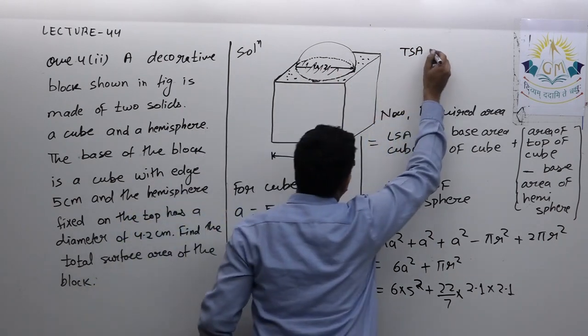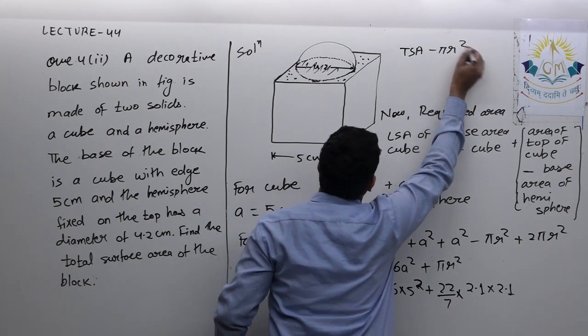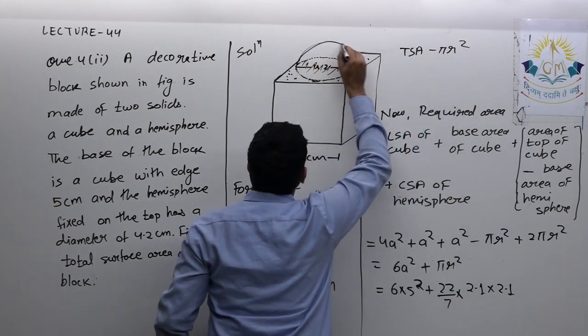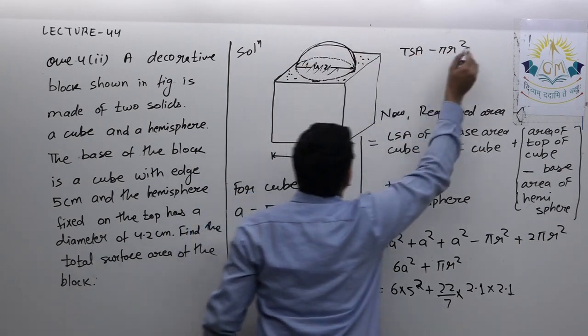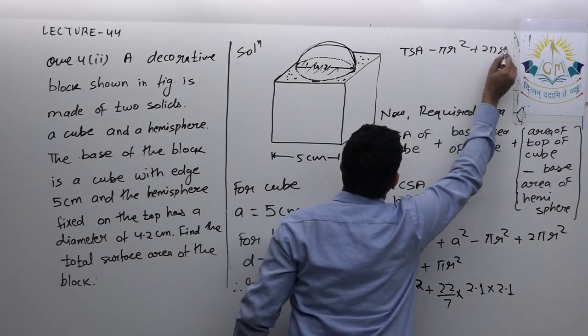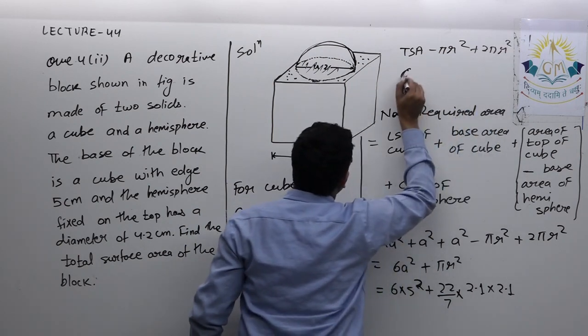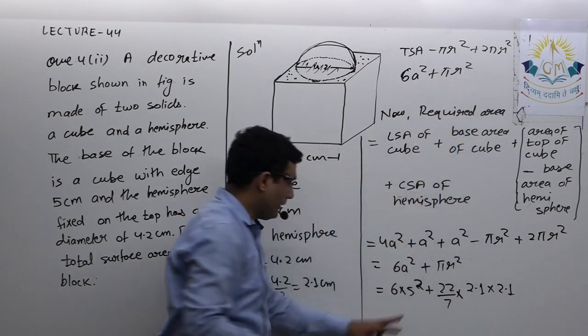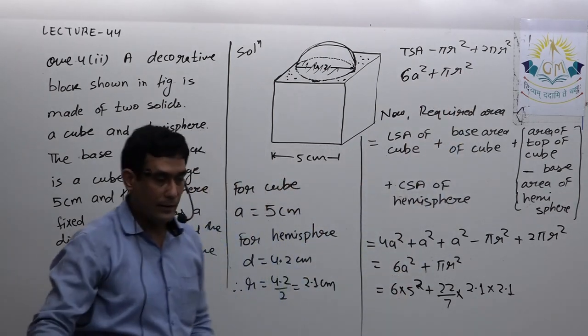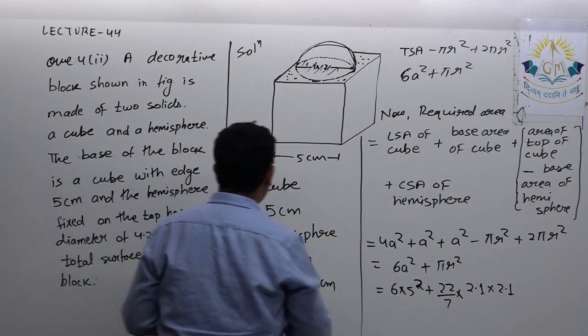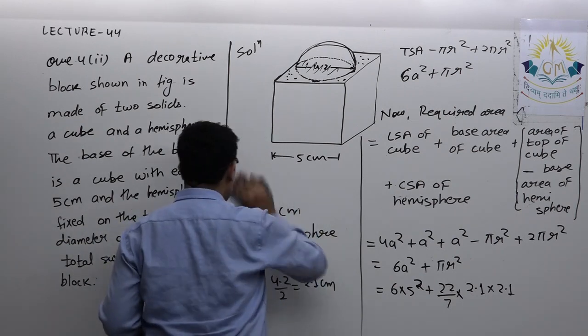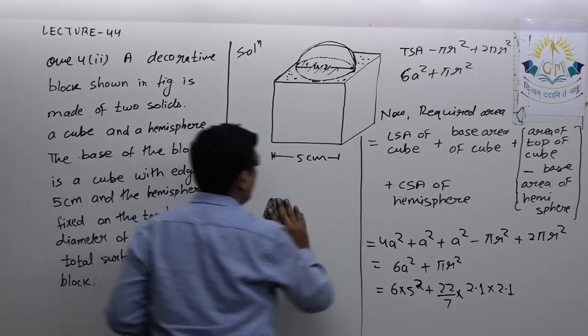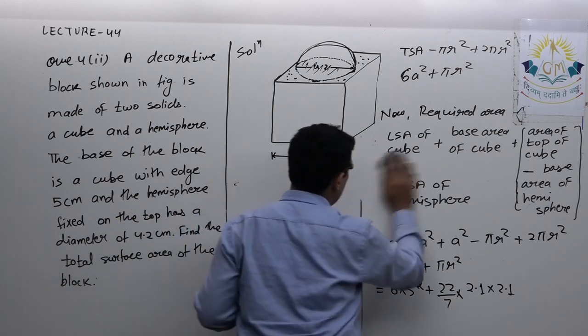So I will subtract it, minus pi r square, and I will add this CSA, that is plus 2 pi r square. Okay, so ultimately I will get 6a square plus pi r square. So in this way, I can also get the same thing. Now it's all a matter of putting the values and simplifying this. So let us see that part.